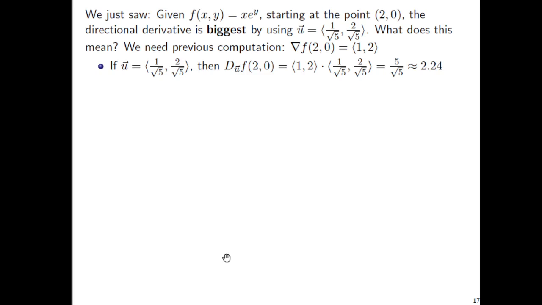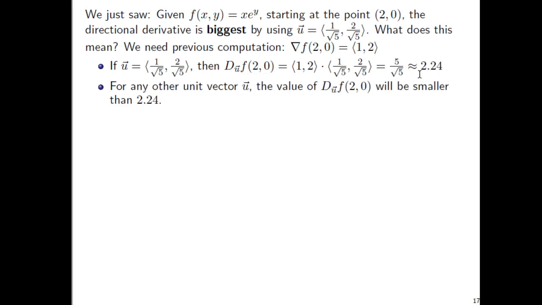Let's work through some computations using a computer. If we use exactly this vector as the direction, what is the value of the directional derivative? We take the gradient 1 comma 2 and dot it with this unit vector, and we get 5 over root 5. I ran that through a calculator, and you get 2.24. What the theorem is really getting at is this: say you picked a different unit vector now.